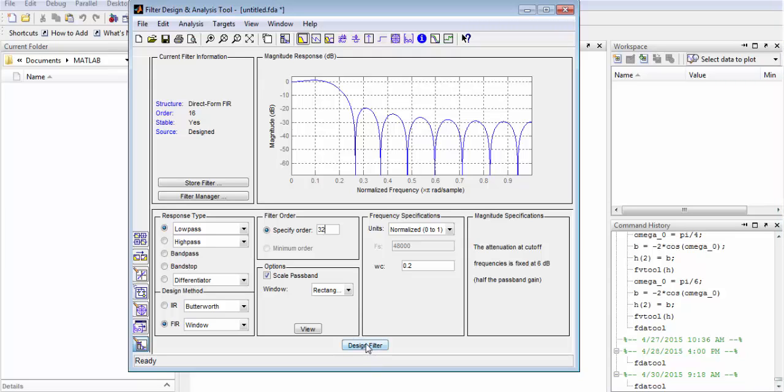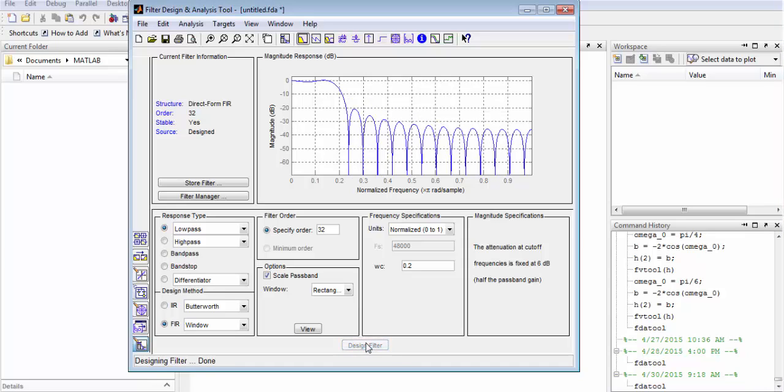I have increased it by a factor of 2. We expect the transition width to reduce by a factor of 2. We do that, and if I just stop the scaling, it's again minus 20.9 dBs. The height stays the same, and the transition width has gotten closer to 0.2.